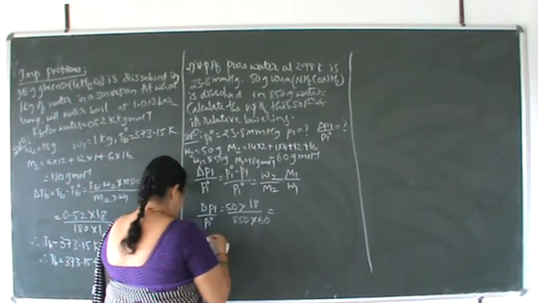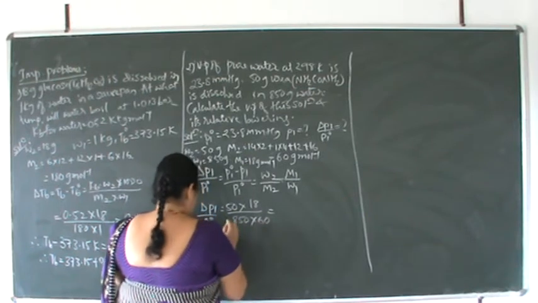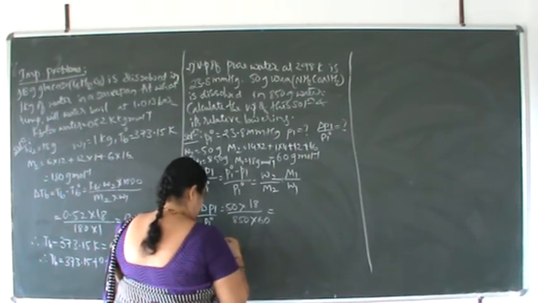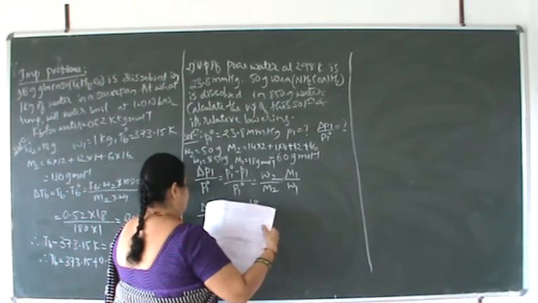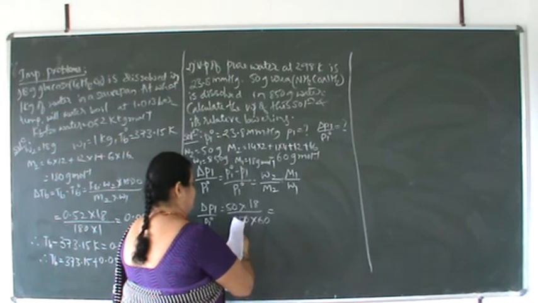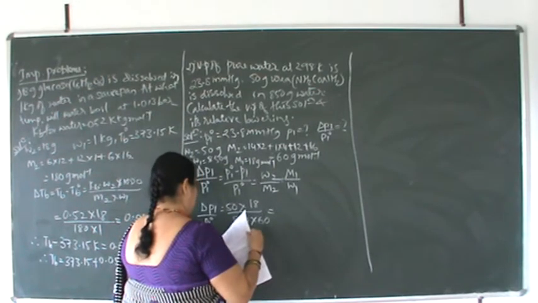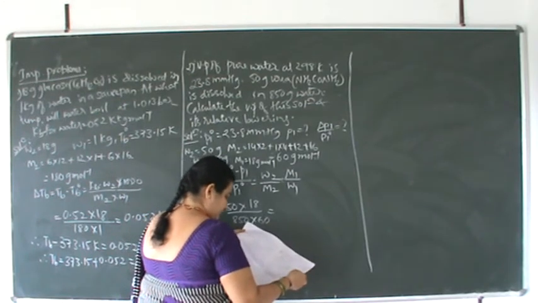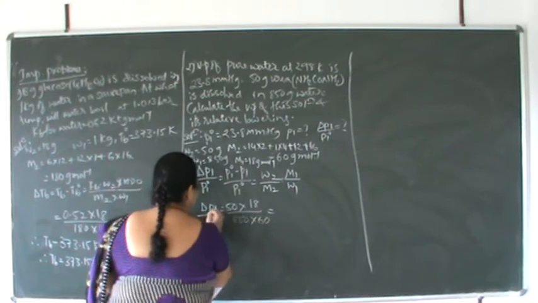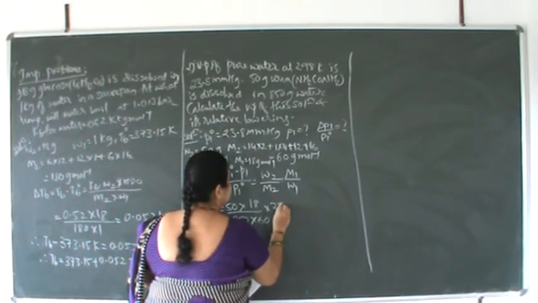So it will be delta P1 is equal to that into P1 naught 23.8.